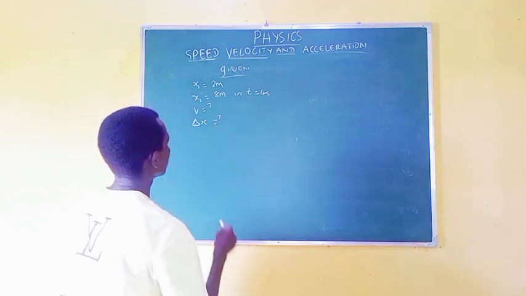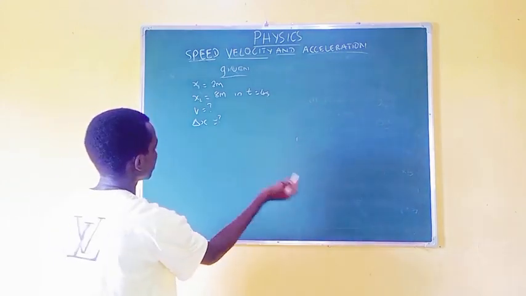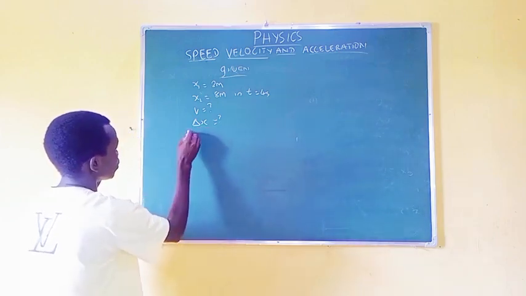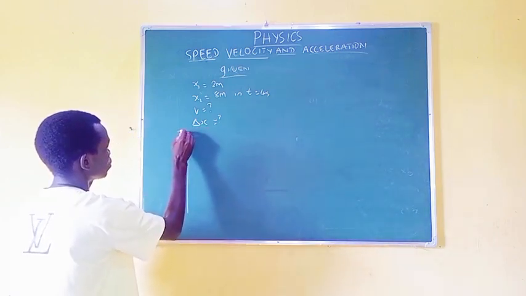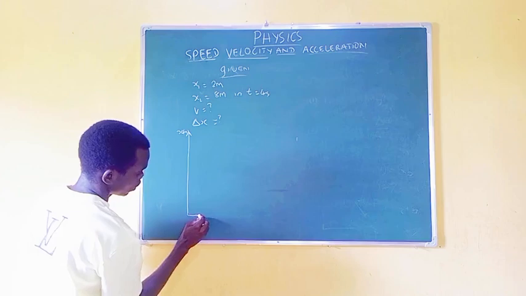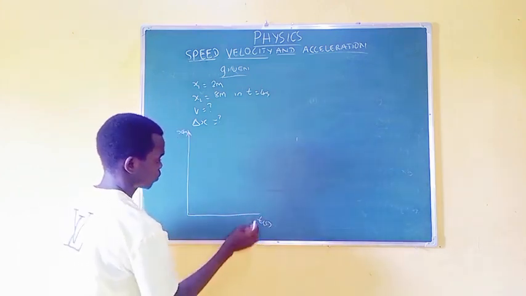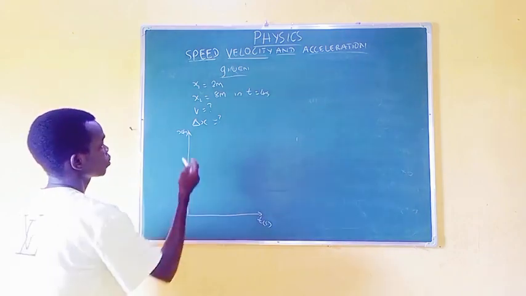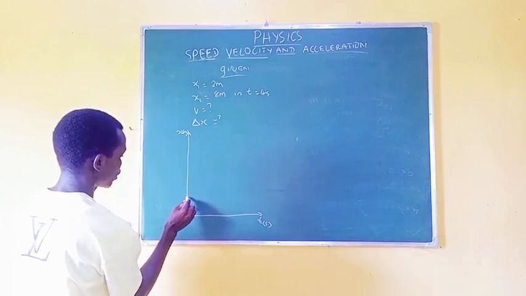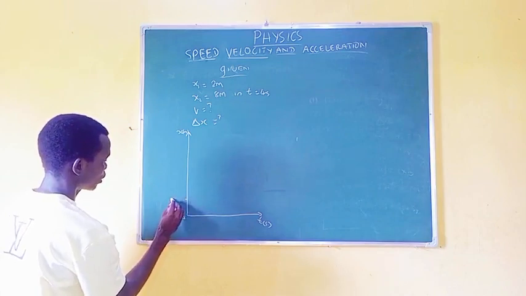From here now, we can draw the displacement time graph. Let's say here is the vertical axis, which is displacement in meters, and the horizontal axis, which is time in seconds. The initial displacement is 2 meters, let's assume here to be 2 meters.